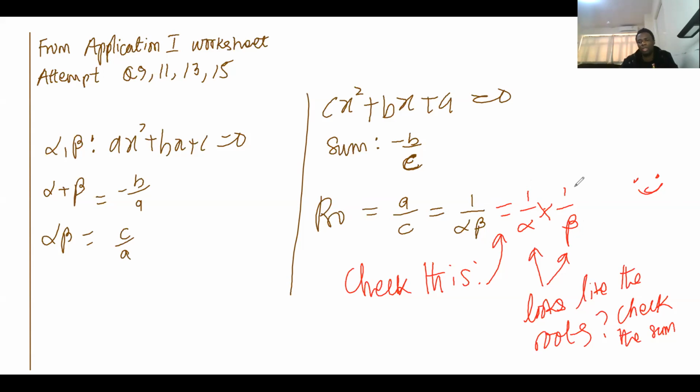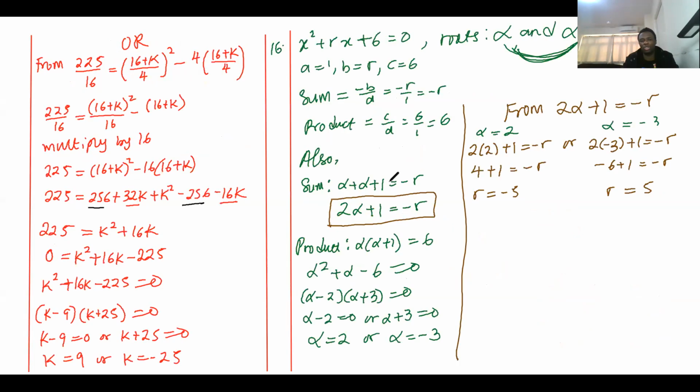Oh. So that's why I said check the sum. If your sum is this, then these are the roots you are looking for. It looks like a previous question where the first equation doesn't give us a solution. You have to look at this product to give you a solution before you come back to the first equation. So the same thing here.